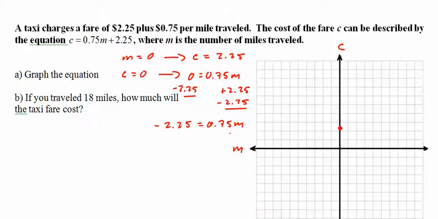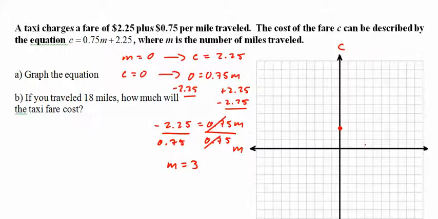Divide by 0.75 on both sides. And calculator time, 2.25 divided by 0.75, we get 3. m equals 3. So 1, 2, 3, c equals 0, m equals 3.